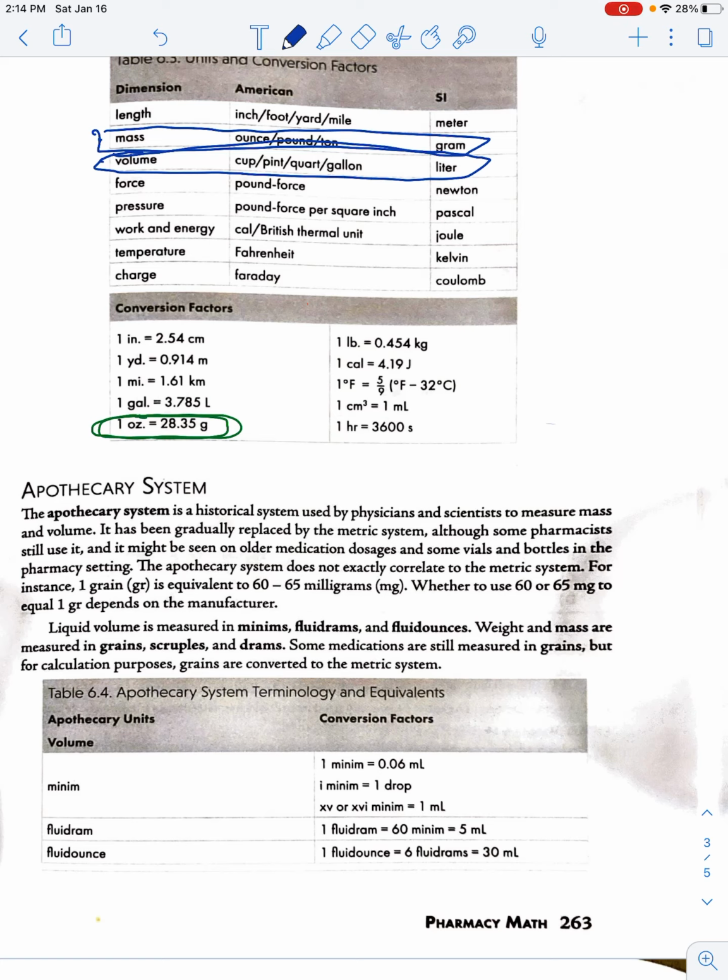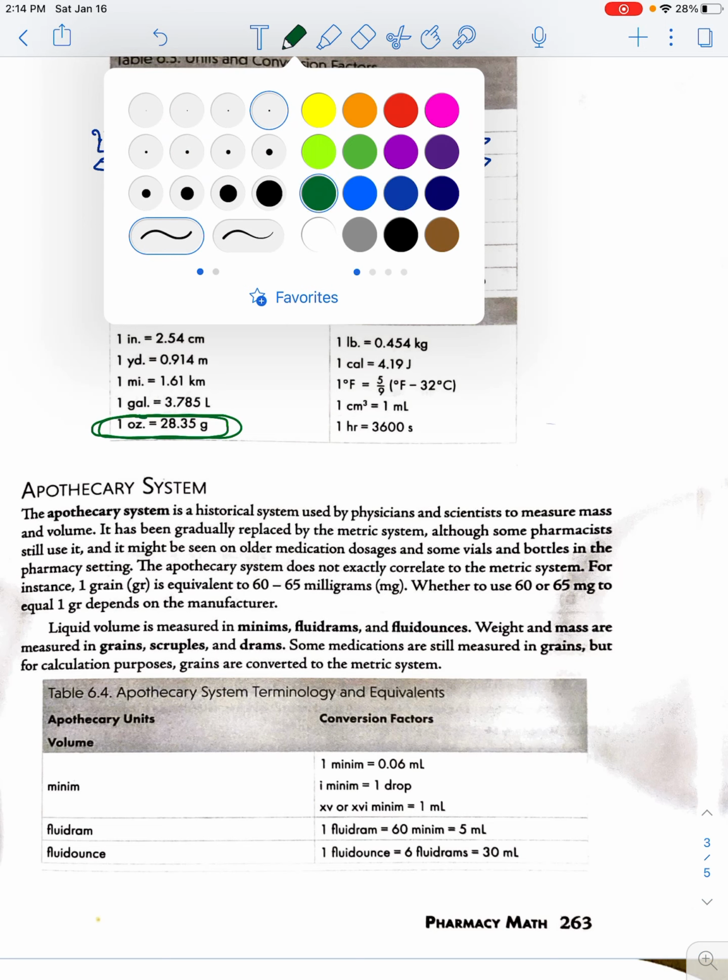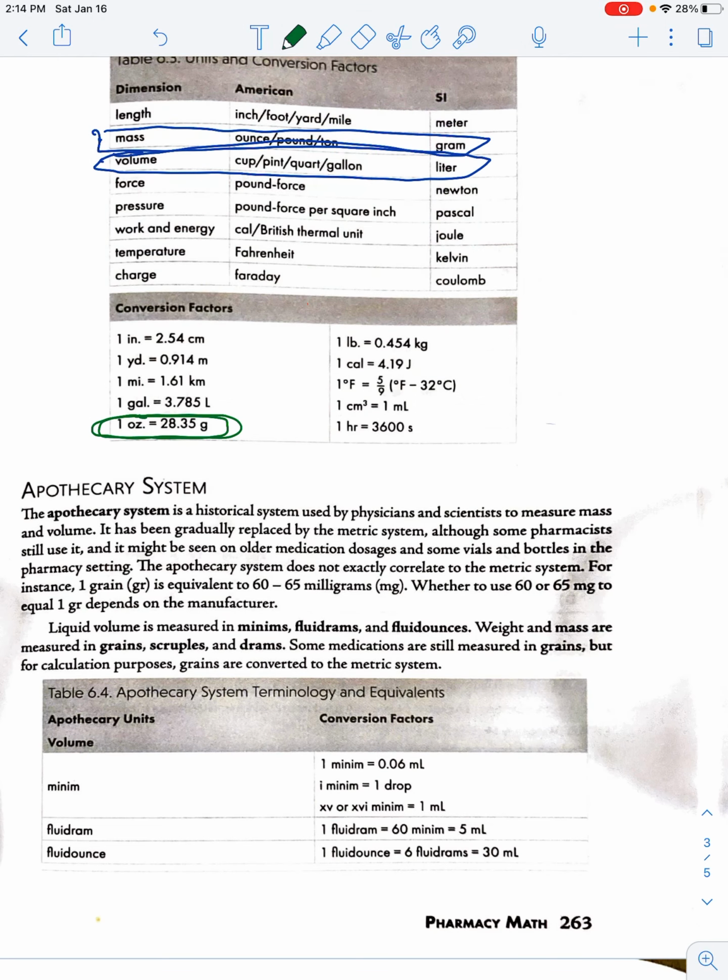So when you're thinking about which conversion factors down here it might be good to remember, which ones might you want to make a little flashcard for? 1 gallon is 3.785 liters. Also, 1 centimeter cubed is 1 milliliter.